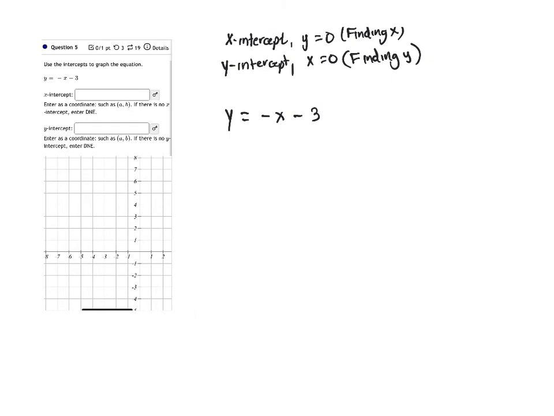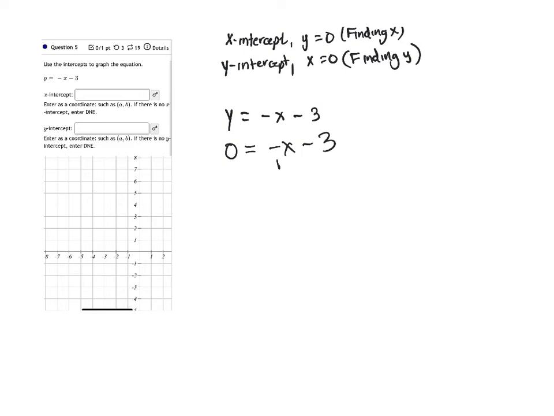All right. We're wanting the x-intercepts. It says use the intercepts to graph the equation. And it tells us underneath the x-intercept, enter as a coordinate such as A, B, as an ordered pair. And if there's not an x-intercept, write D, N, E. But in this case, we are going to find the x-intercept, so our y is going to be 0.